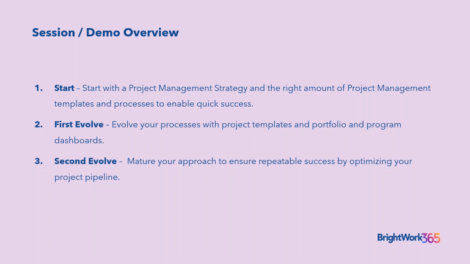So what I'm going to do in this demo, in this webinar, is bring you through the setup of a centralized PPM in 3 phases using our start, evolve. So you might start and get the first bit up and running and then let it settle. Then perhaps do a first evolve to mature it based on the feedback and based on what you want to do anyway, and then let that settle.